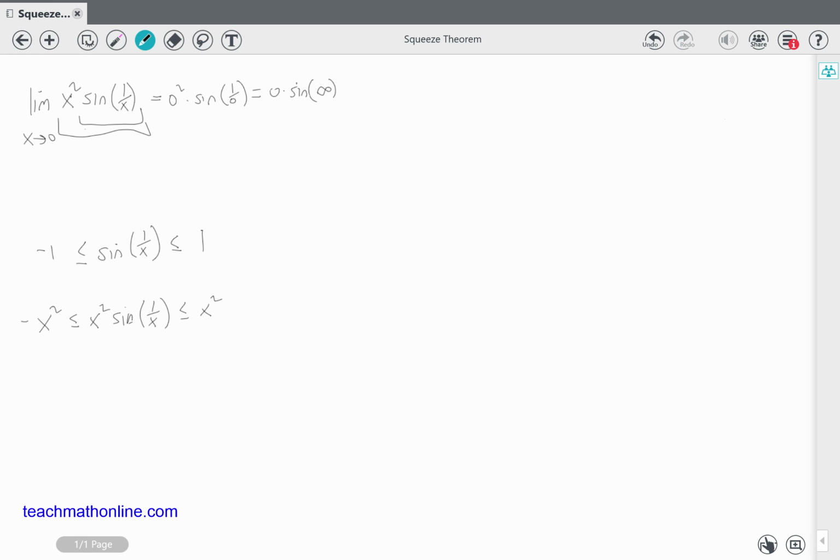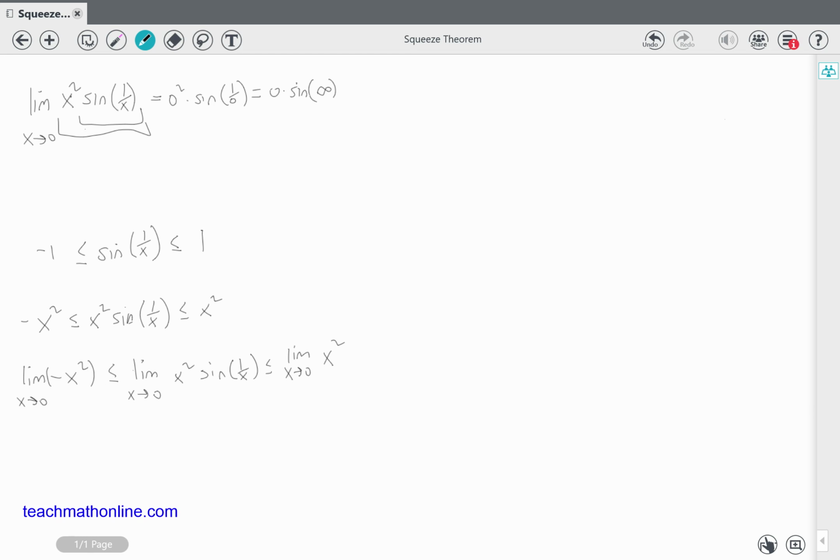And now we can go ahead and take the limit of each of these parts. So we'll have the limit as x approaches 0 of negative x squared is less than or equal to the limit as x approaches 0 of x squared sine 1 over x, which is less than or equal to the limit as x approaches 0 of x squared.